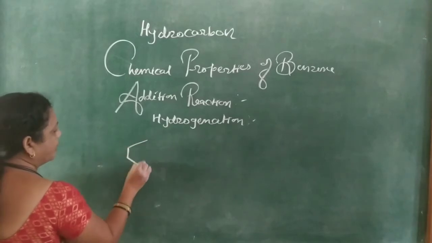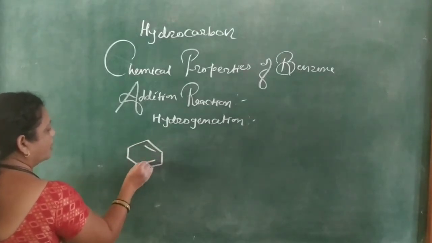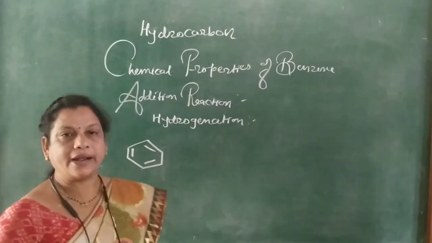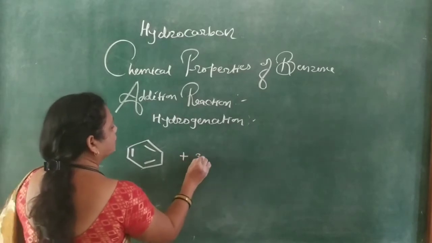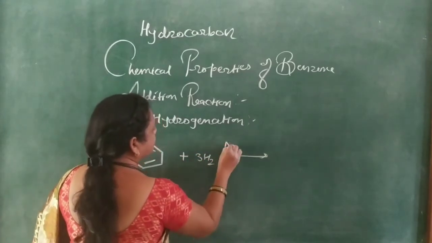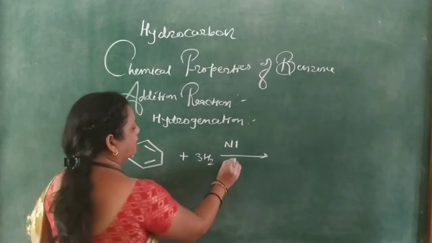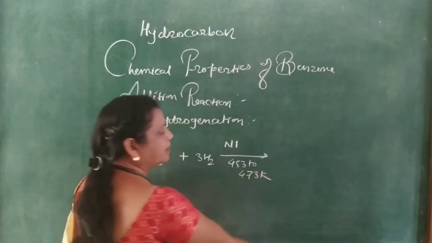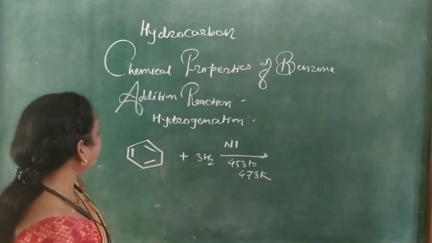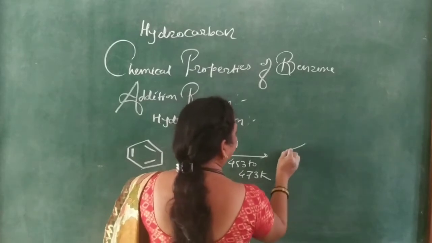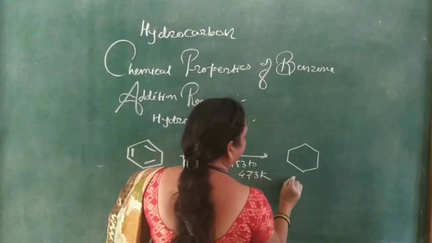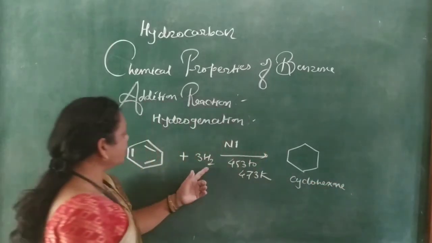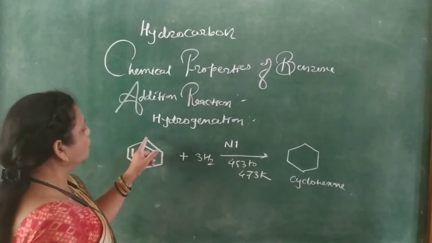So again here benzene with double bonds, and each carbon atom contains one hydrogen atom, plus thrice H2 in presence of Raney nickel catalyst at 453 to 473 Kelvin. Now again these double bonds get converted into single bonds, and we form cyclohexane.